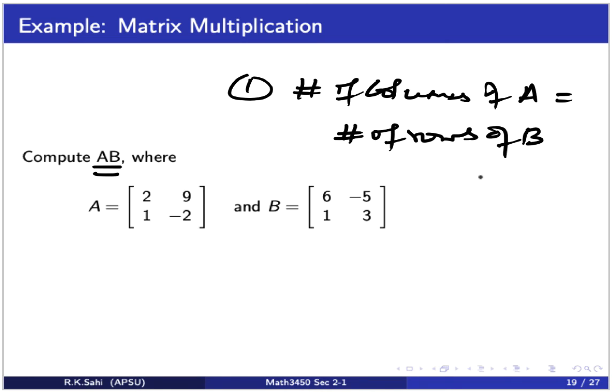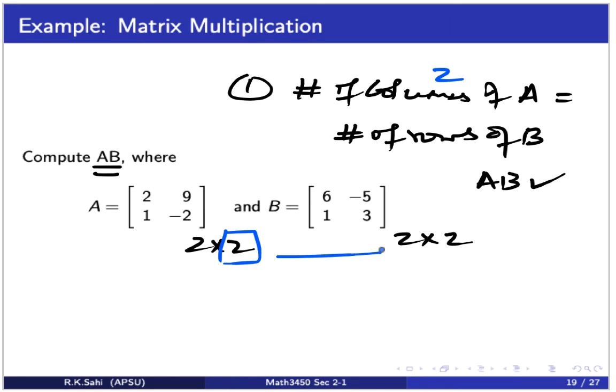If that's fine, only then AB matrix multiplication is possible. Let's look at A. A is a matrix of size 2 by 2. B is a matrix of size 2 by 2. Now clearly the number of columns of A, 2, is the same as the number of rows of B. So matrix multiplication, yes, is possible.